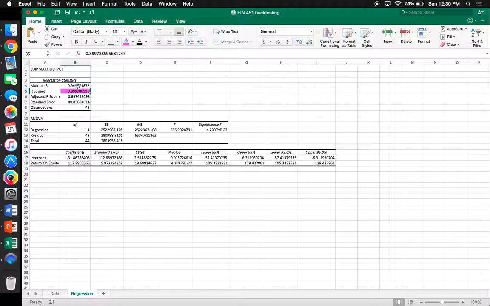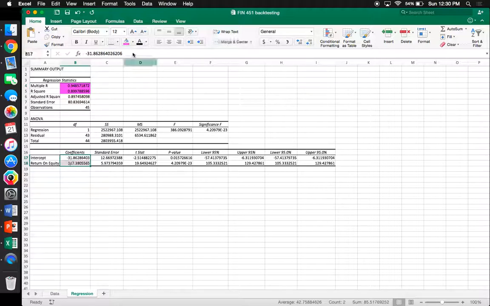If we look at this number right here, the multiple R, this is the correlation coefficient. As you can see, it is 0.95, which is telling me that return on equity and price to book ratio are for sure highly correlated.